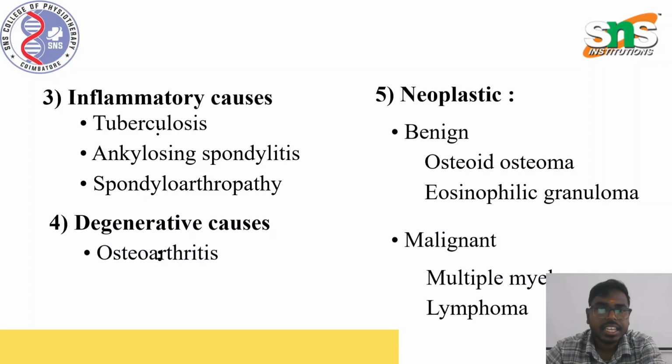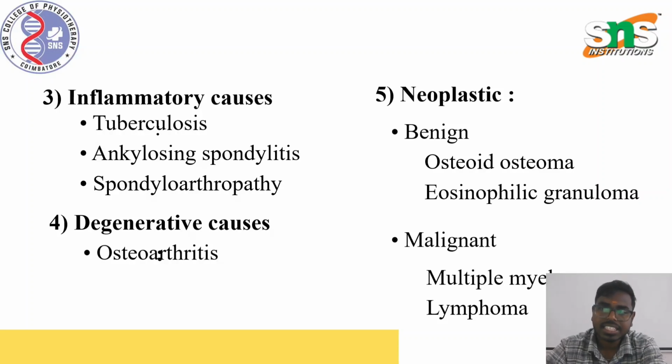Next, the inflammatory causes are tuberculosis, ankylosing spondylitis, and spondyloarthropathy. And degenerative causes such as osteoarthritis, and neoplastic causes such as, in benign, osteoid osteoma or eosinophilic granuloma.